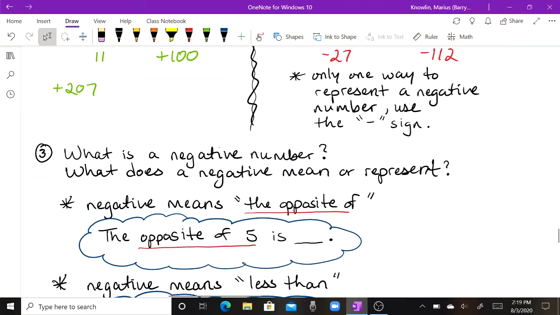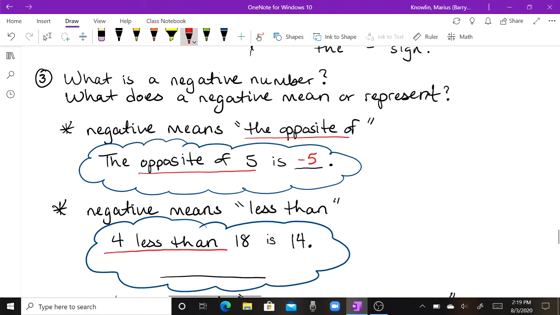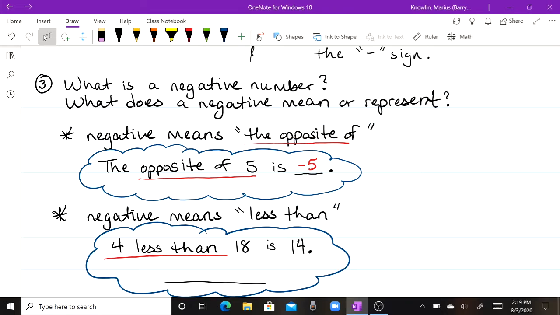All right, now what is a negative number? What does it mean or represent? Well, one thing that a negative means is the opposite of. So for example, the opposite of 5, or the opposite of positive 5, is -5. Another thing that negative means is less than.